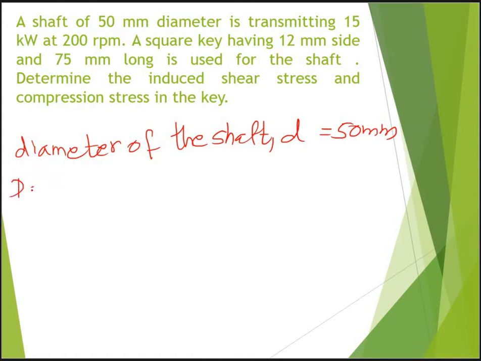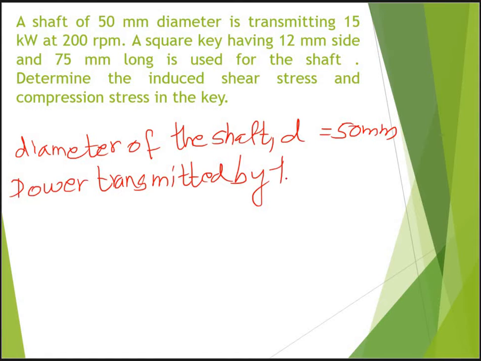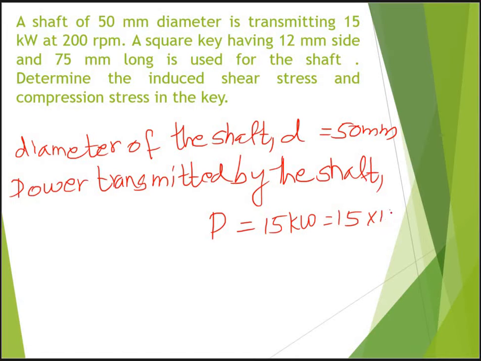Power transmitted by the shaft, P is equal to 15 kilowatt, which is equal to 15 into 10 to the power 3 watt.